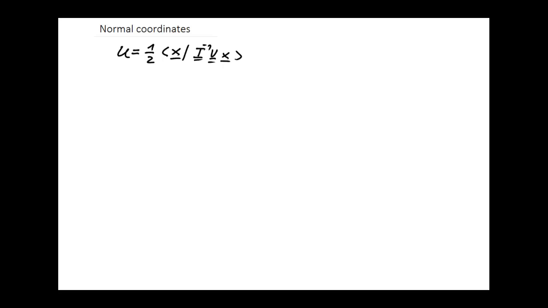Again, we use the expansion of x in terms of the eigenbasis. So then we have 1/2 sum over ij. The first x we expand as Qi, and then we have an ai.